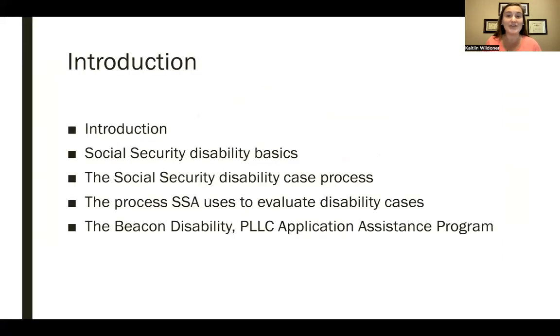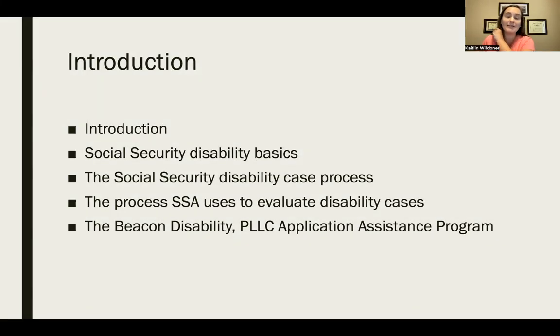Without further ado, this is our roadmap for today. We are first going to do an introduction, talk about Social Security disability basics, and then there are two Social Security processes that we are going to talk about. The first one is the Social Security disability case process, which is what happens from initial application through the conclusion of your case.